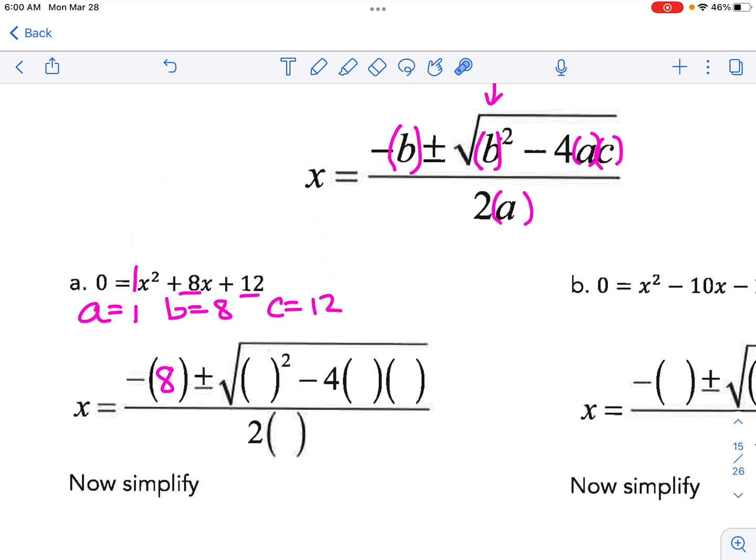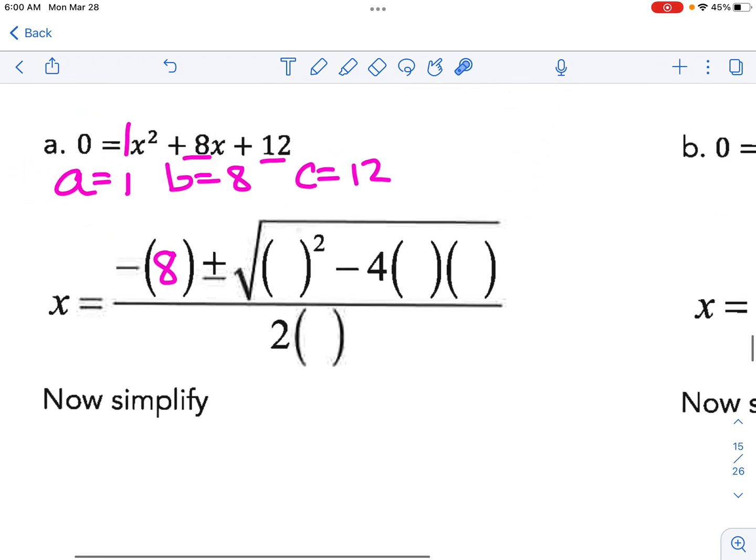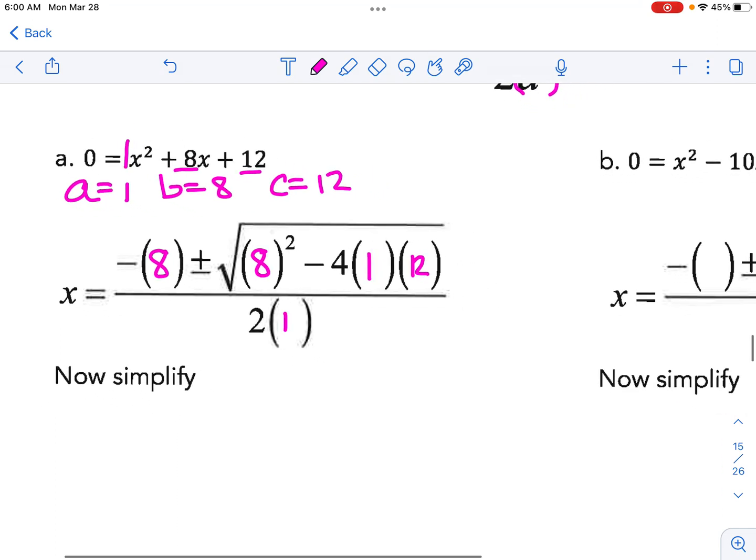If we look at the equation here, it's the opposite of B plus or minus the square root of B squared minus 4 times A times C all over 2A. So here's the opposite of B, plus or minus B squared minus 4 times A times C all over 2 times A. Okay, it says now simplify.